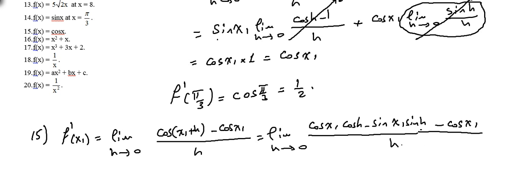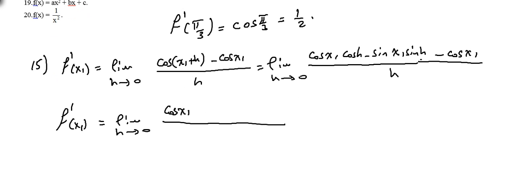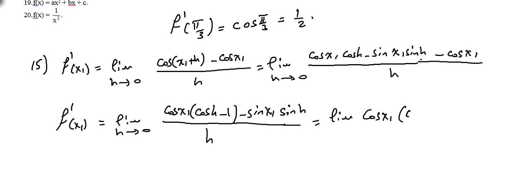Here we do the same thing, but we take cosine x1 as a common factor between the first term and the third term. f prime of x1 is equal to the limit as h tends to 0 of cosine x1 times cosine h minus 1 over h, minus sine x1 sine h over h.